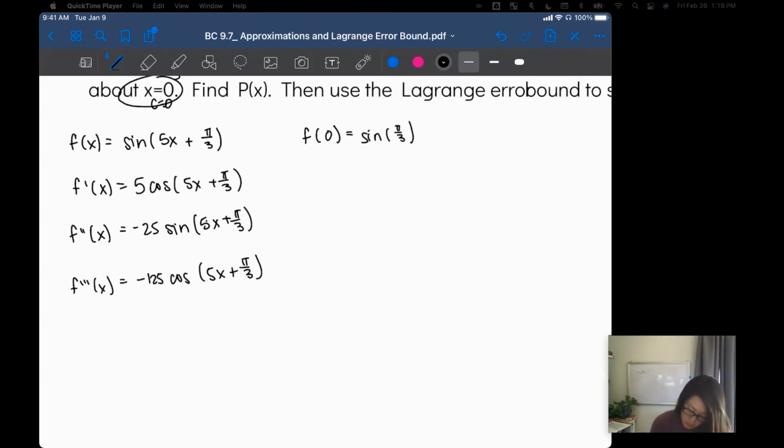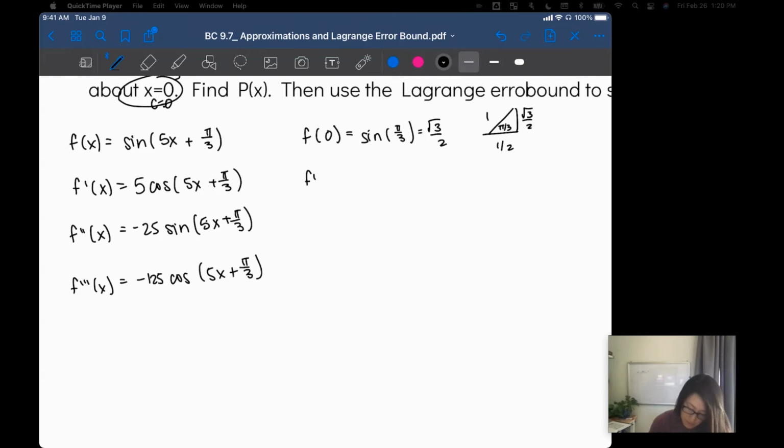And if you don't remember your trig, let's draw ourselves a triangle. Pi over 3, we have root 3 over 2 as the y, 1/2 as the x, and 1 as the radius. So sine of pi over 3 is the y, we get root 3 over 2.